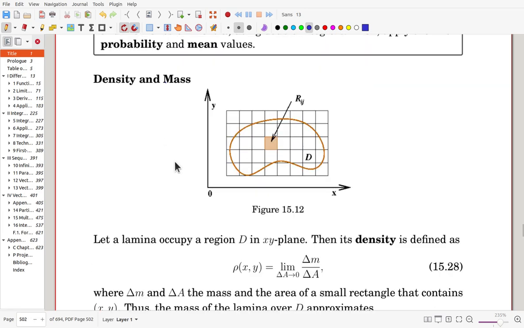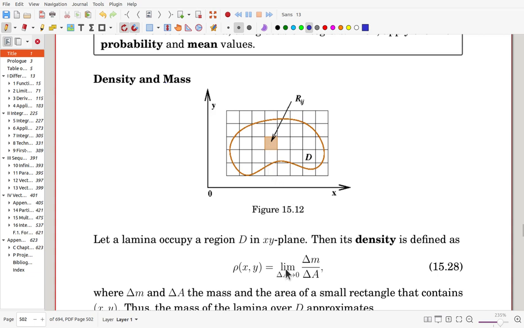The lamina is occupying a region D in the xy plane. Then its density is defined as in this equation. We first consider the subregions, and delta M is mass and delta A is area of each small rectangle.